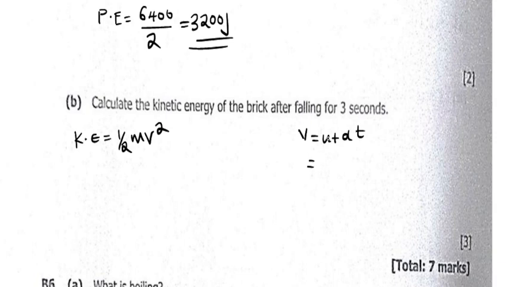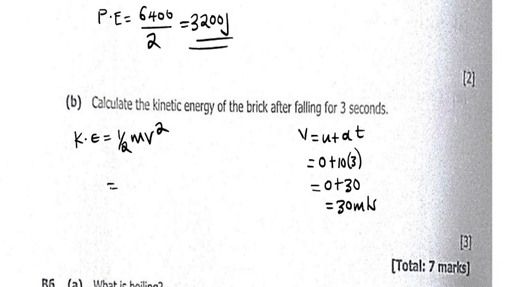The initial velocity is 0, the acceleration due to gravity is 10, and our time is 3 seconds. So 0 plus 10 times 3 is 30, that is 30 meters per second.